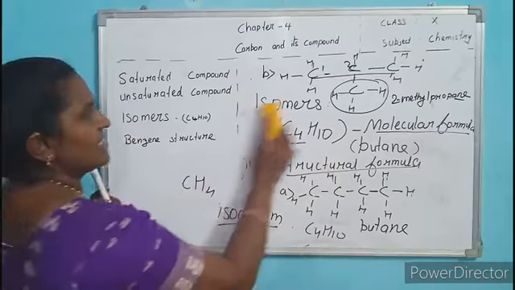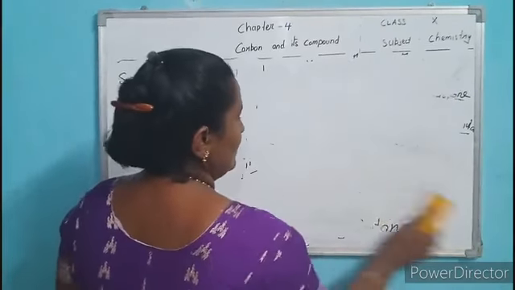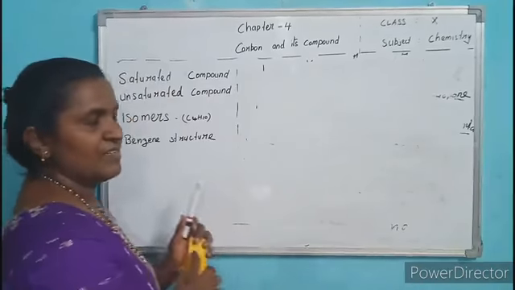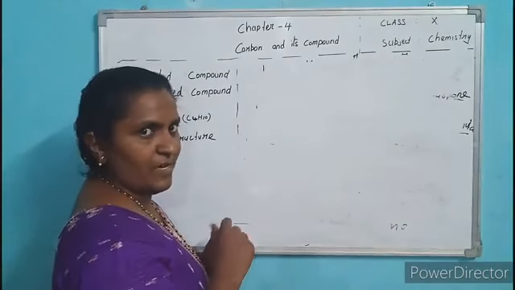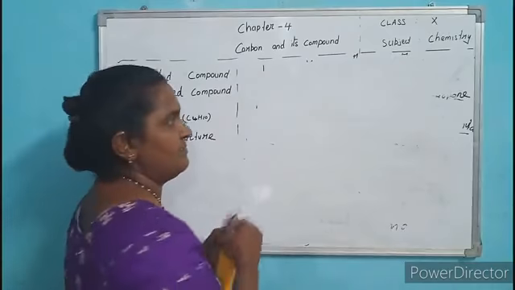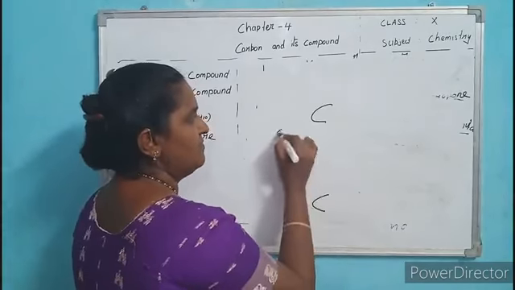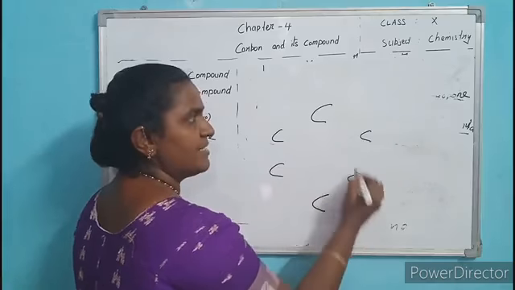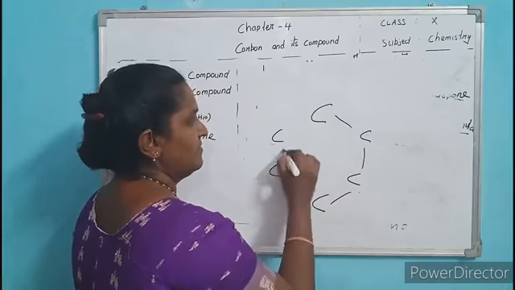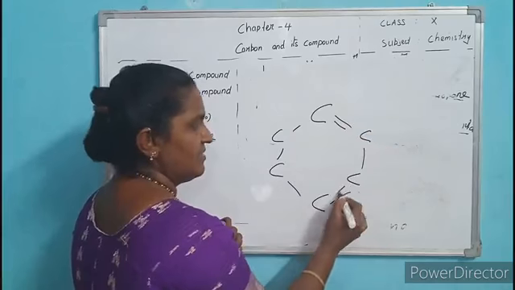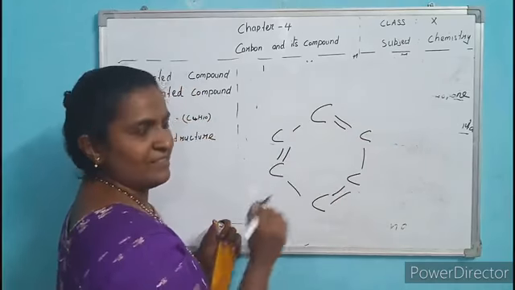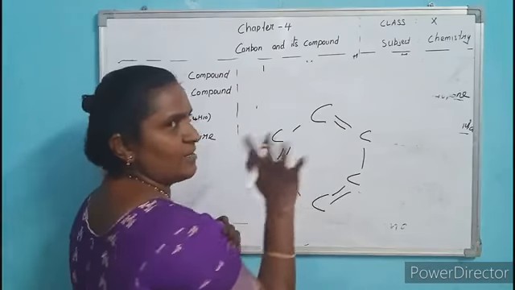Next one is the benzene structure. The structure of benzene has 6 carbons with alternate double bonds. Double bond here, double bond here, alternate double bonds. Each carbon should have 4 bonds.